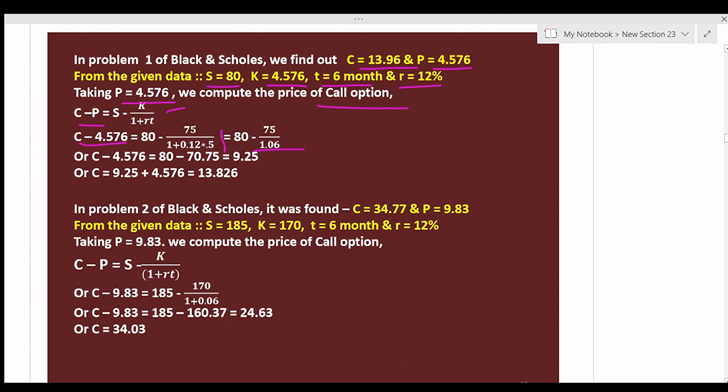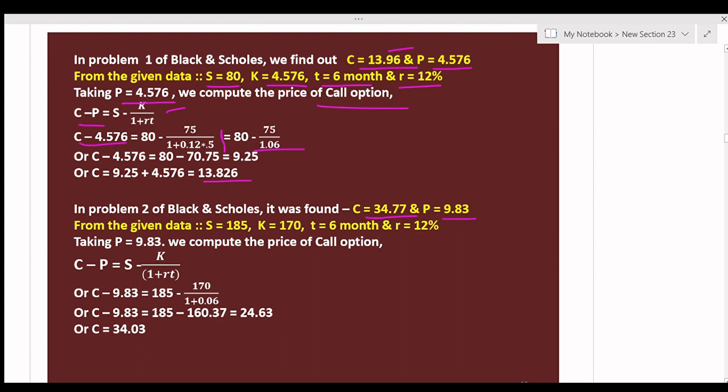In this way, you find C is equal to 13.826, whereas in the problem we derived the value 13.96.